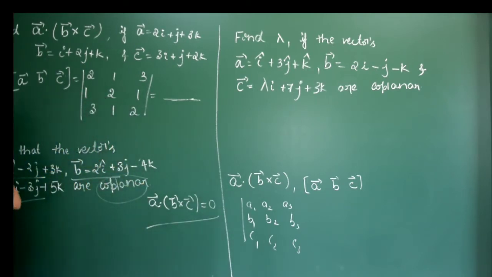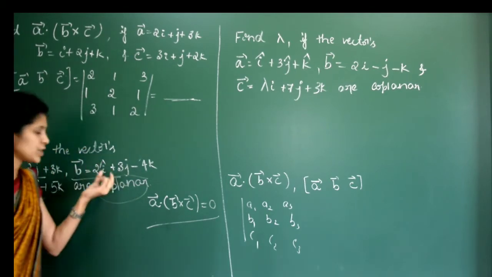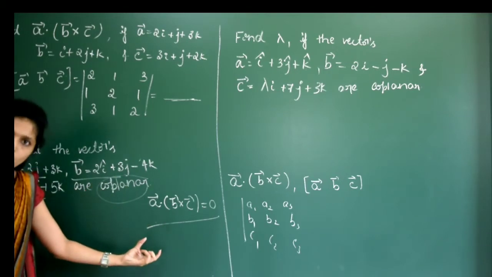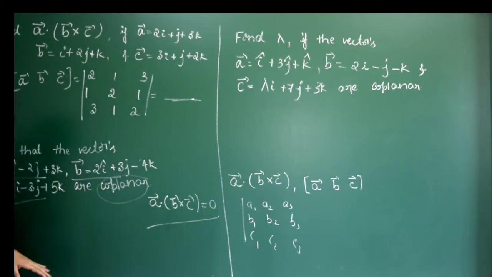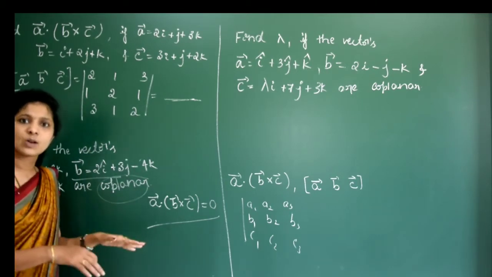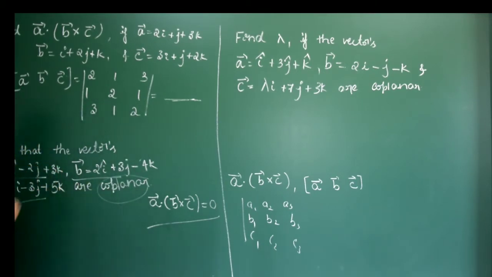This type of problem is important for 3 marks. Now see what I have to prove. The determinant of the components of this matrix should be equal to 0. If it is equal to 0, then we can say that these three vectors are coplanar. Coplanar is nothing but they lie on the same plane or they will be parallel.